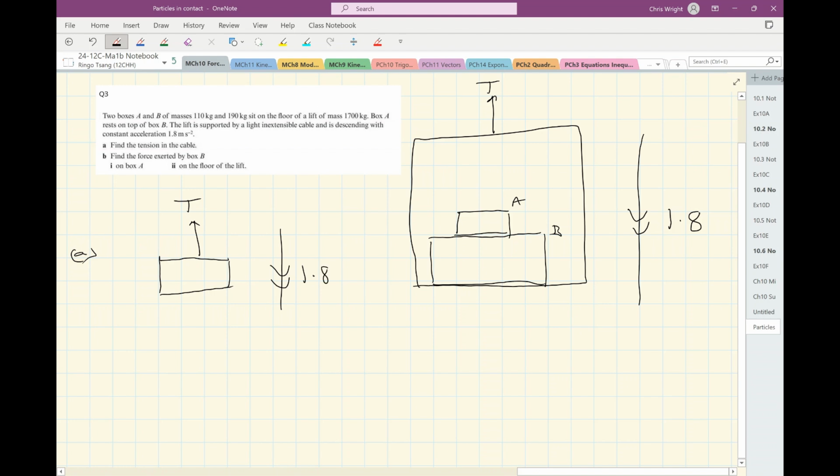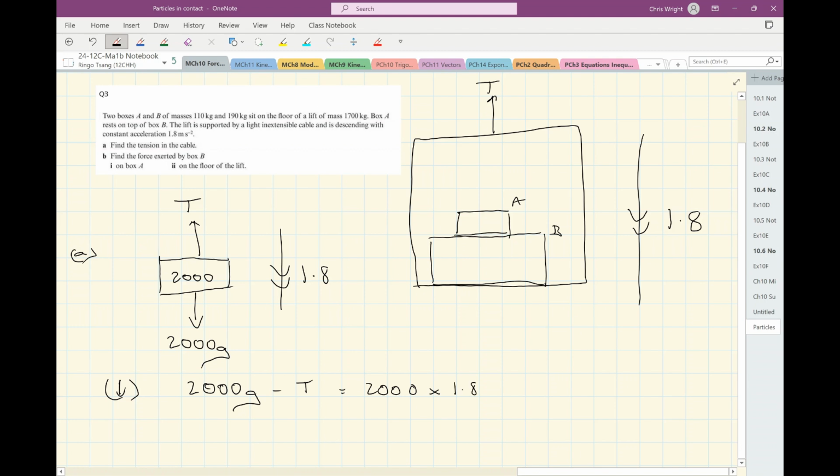Now, the total mass there is the mass of the lift and the two boxes, 2,000 kilograms, give me a downward force of 2,000g. Right, let's resolve that in a downward direction, since that's the direction of the acceleration. 2,000g minus T equals 2,000 multiplied by 1.8.